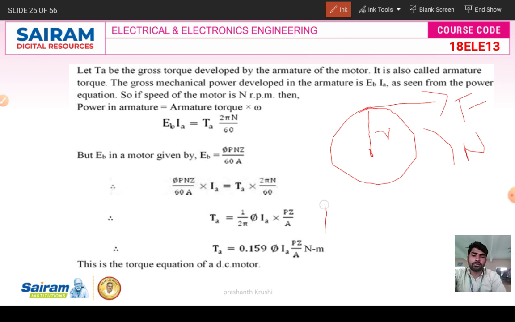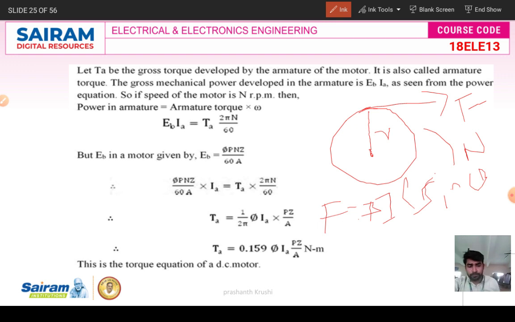F is equal to BIL sin theta. B is the magnetic flux density, I is the current flowing through the armature conductor, L is the length of the conductor, and theta is the angle of movement of the conductor.